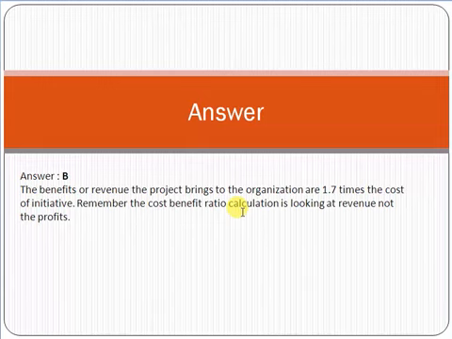The calculation is not based on the profits, it is based on the revenue. So the correct answer is B. This concept should be very clear in your mind whenever you see such questions in the PMP exam. The cost benefit ratio calculation is based on the revenue, it is not based on the profit. So that's why the correct answer is B, and C is not the correct answer.